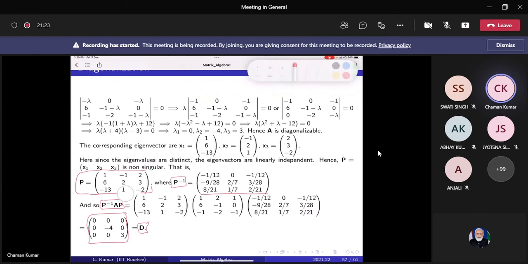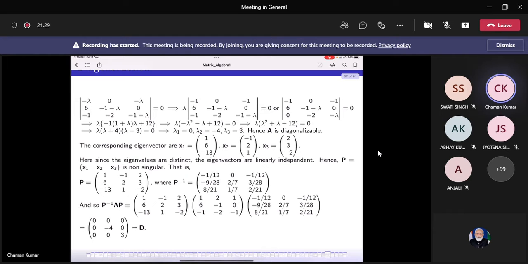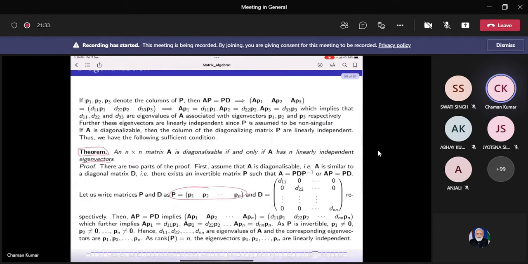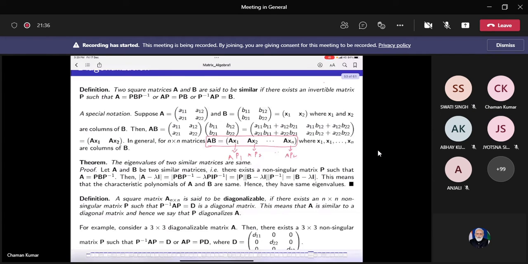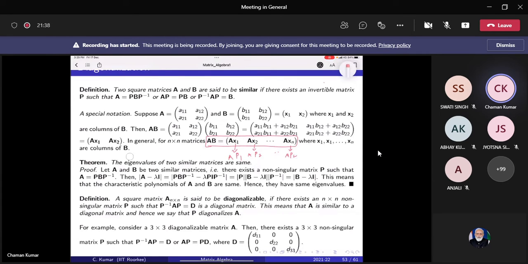Now just recall the result that we have seen in the previous lecture: eigenvalues of two similar matrices are the same.